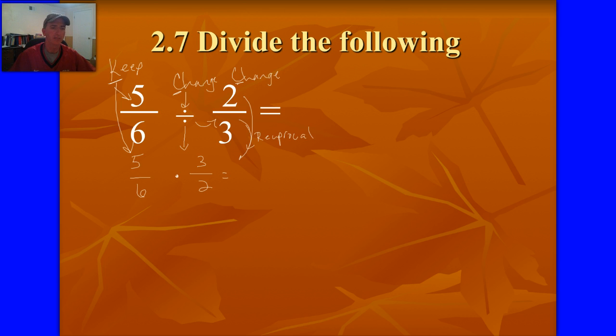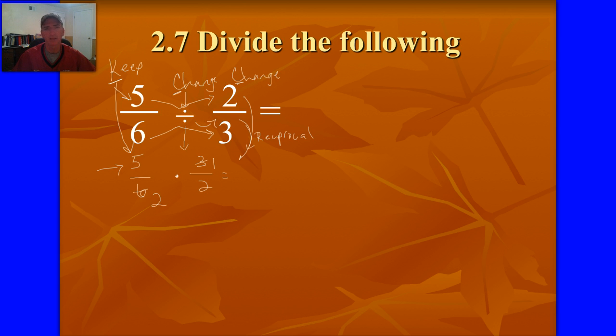Now you actually will end up with the same thing. We can't do division. We can't do 5 divide 2 and then 6 divide 3. It doesn't work out that way. Okay, what we have to do is we have to do 5/6 in this case times 3/2. All right, so what we're going to do here is use the rules we learned for multiplication. Okay, see this 3, see this 6. 3 divided by 3 is 1. 6 divided by 3 is 2.